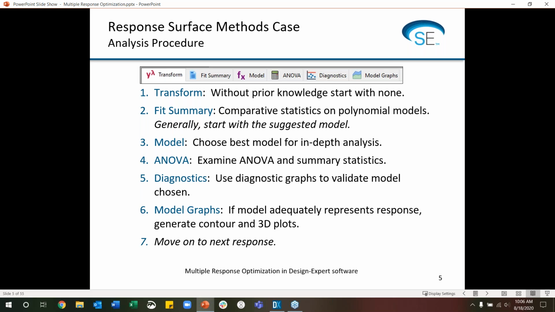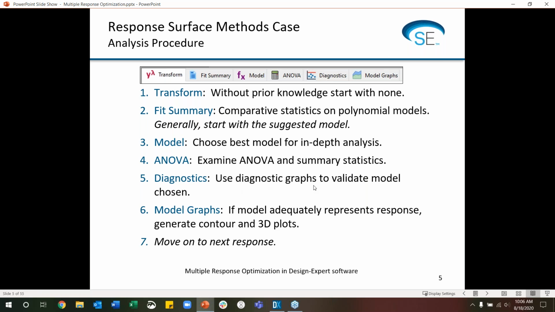Then you proceed to the model button, and you select the model that you would use, generally the suggested model, that will be the default. And then in the ANOVA, you can check to make sure that the p-values are good and that you have good summary statistics. We're going to look at that here in this class just briefly. And then you'll follow that up with checking out your diagnostic graphs.